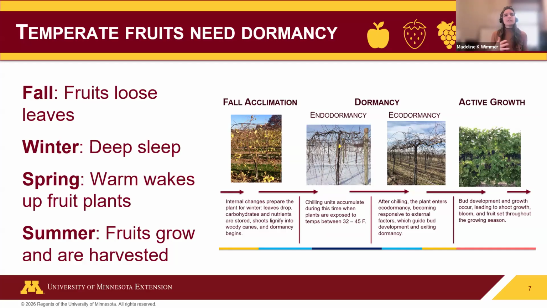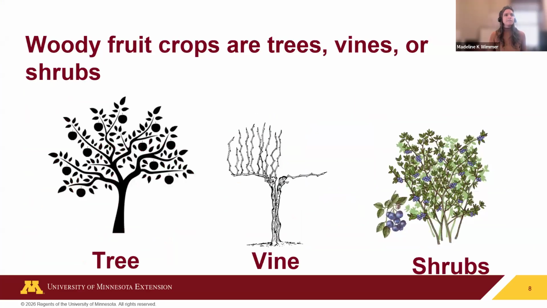But they need a certain amount of chilling hours, which is basically every hour that the temperature is between 32 and 45 degrees. At some point, they've accumulated enough of these chilling units and they enter their next stage of dormancy, at which they're going to be more sensitive to environmental cues in order to wake up and start to grow again. And that cycle repeats itself every year.